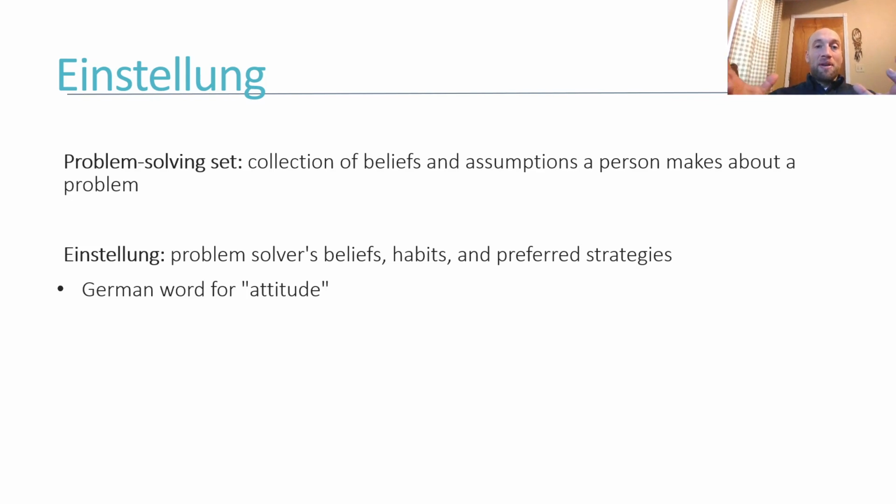These are what is actually available to me cognitively in terms of my beliefs, my strategies, my preconceived notions about how things relate to other things. The Einstellung is something that I've learned to use. So it's my belief about what a box of tacks is for. It's my belief about how to stop candle wax dripping onto the floor.